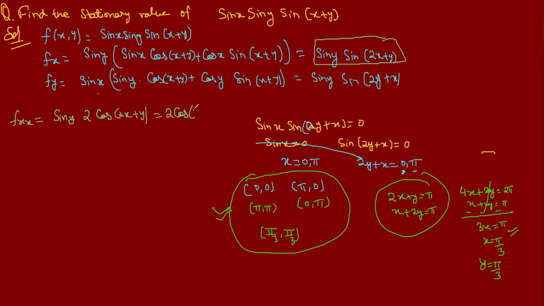So 2 cos x, 2x plus y, sin y. And what is f of y? 2 cos x plus 2y sin x. Okay.